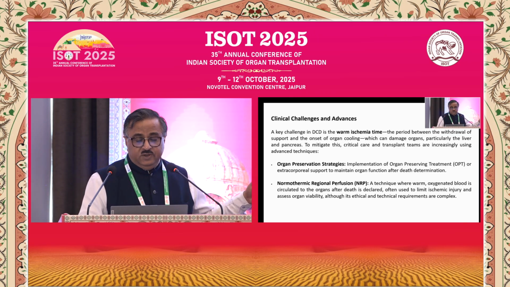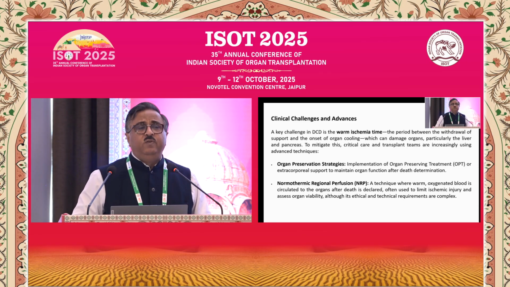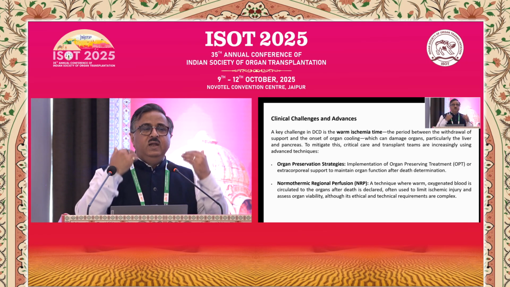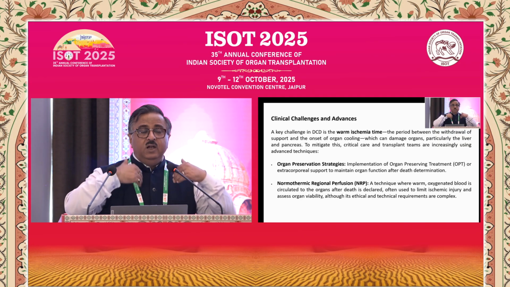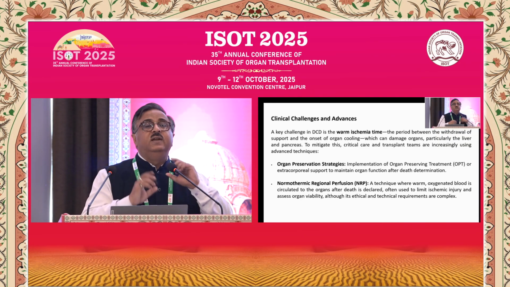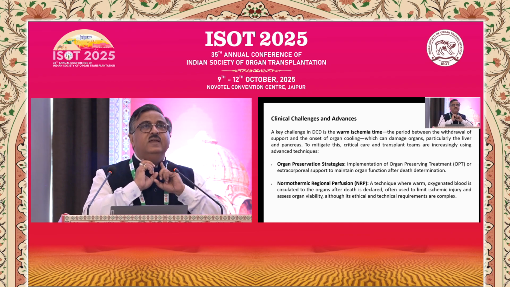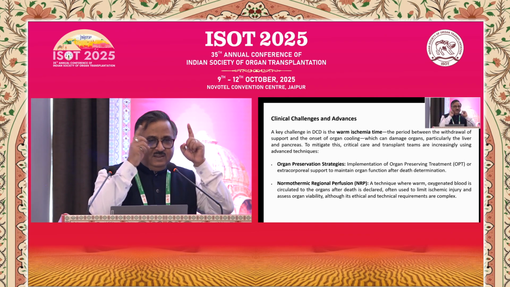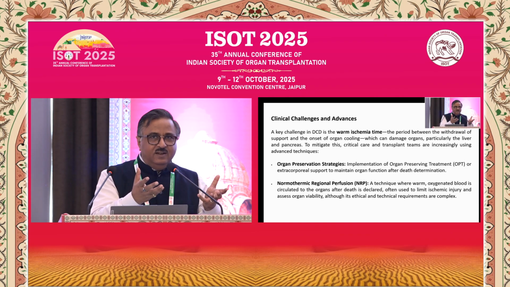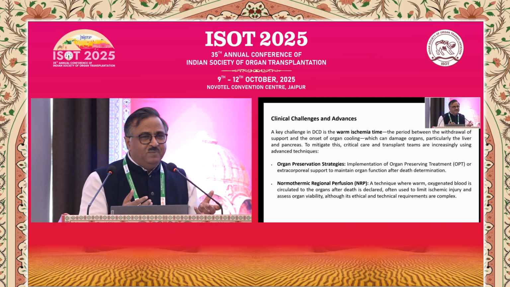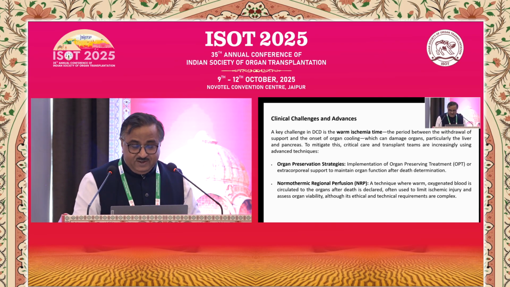So organ preservation strategies and NRP, because after that normal regional reperfusion has to be initiated. And these are very useful for abdominal viscera. On the one hand, you infuse blood or you initiate circulation. On the other hand, you have to see that the circulation is not entering the brain, because otherwise, if the patient gets up, then the things will become very difficult.